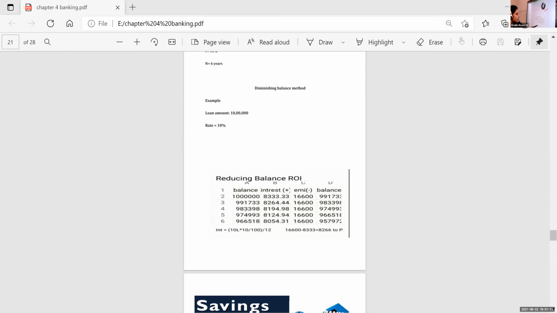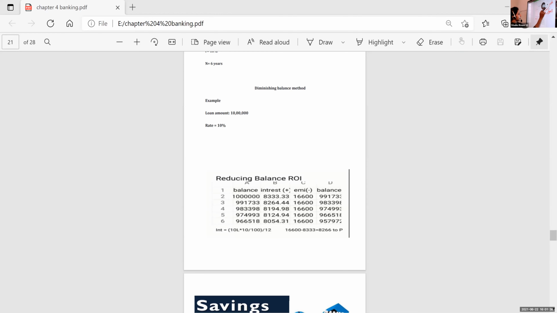EMI calculation is done using Excel, or you can use scientific calculators. We saw how to calculate EMI with Excel using the function PMT. That part is over. That way we found out the EMI.